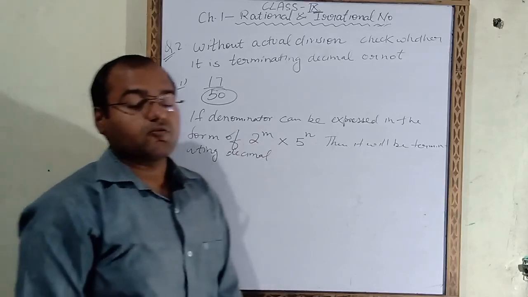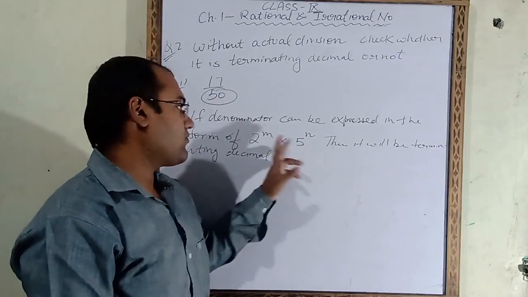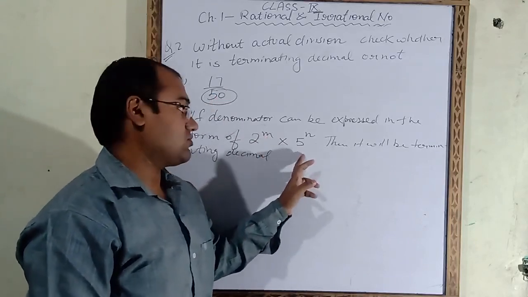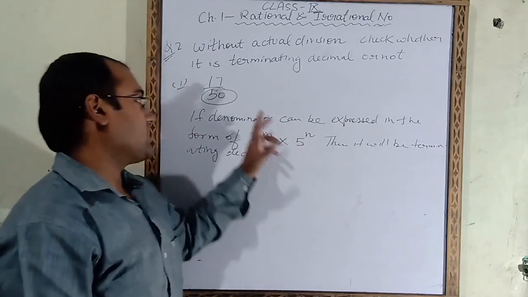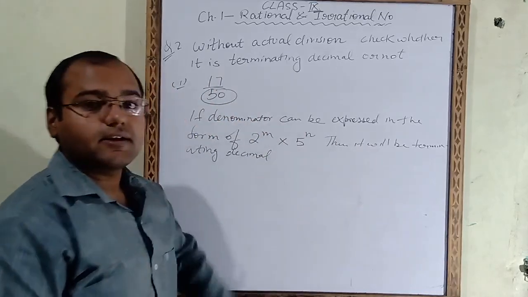So if we can change this denominator in the form of 2 raised to the power m into 5 raised to the power n, then we can say that this rational number is a terminating decimal.